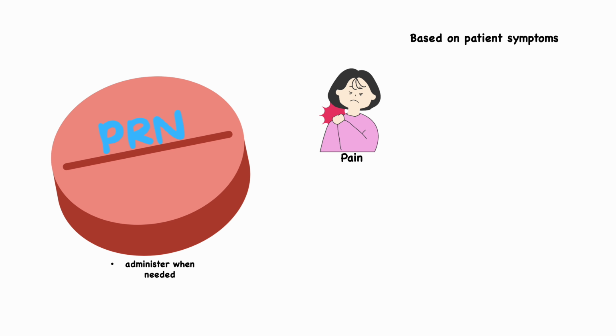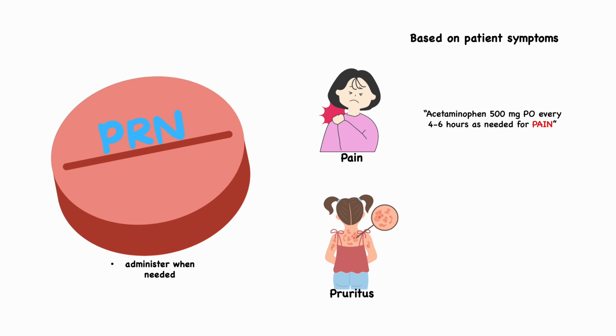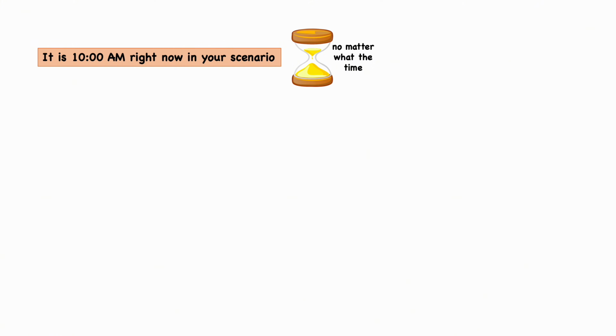Example: if a patient presents with pain and the MAR includes acetaminophen 500 mg PO every 4 to 6 hours as needed for pain, then this should be administered. Similarly, if a patient has pruritus, itching, administer hydrocortisone cream 1% if listed in the MAR. Key takeaway: PRN orders are given based on the patient's condition at the time, not just based on a scheduled administration.